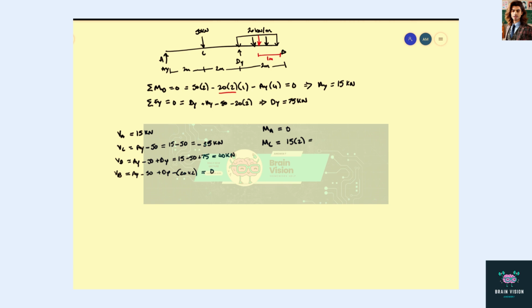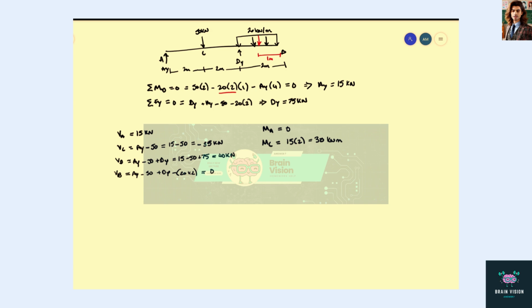And that's equal to 30 kilonewton meters. And that's because our shear force from A to C is 15.